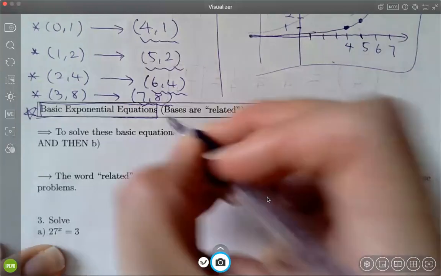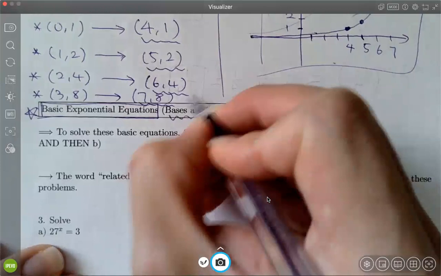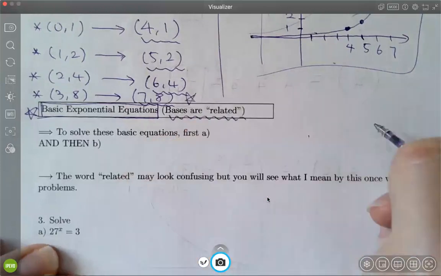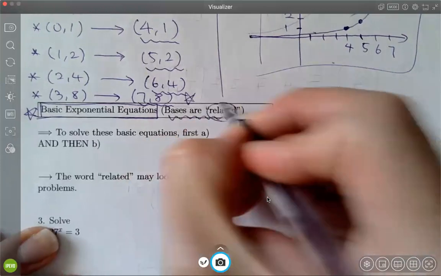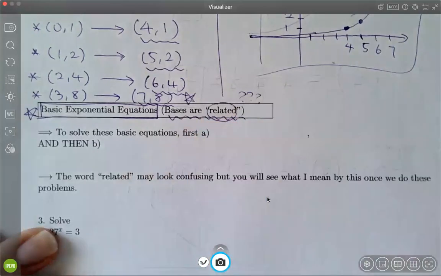And basic exponential equations mean the bases are related. Okay, so that is such a vague word, related. And you will see what I mean by this once we do the problems.